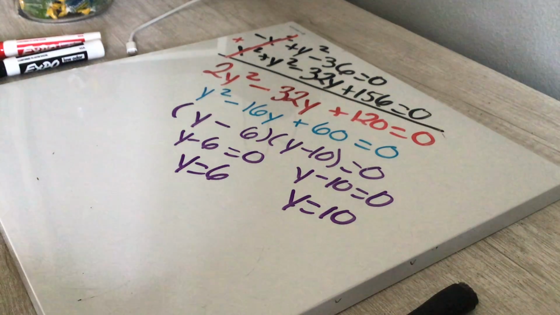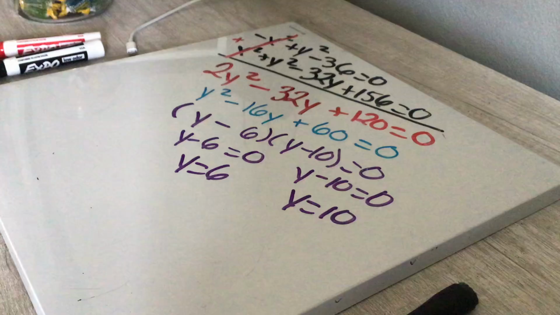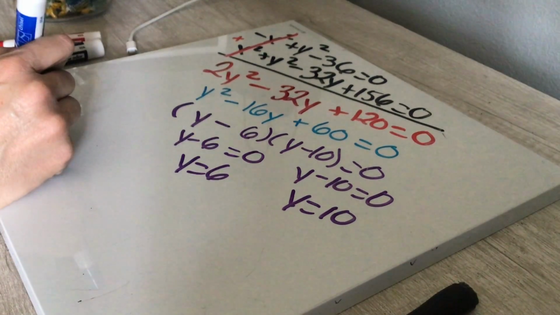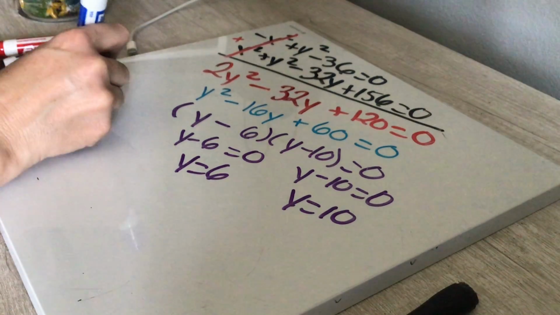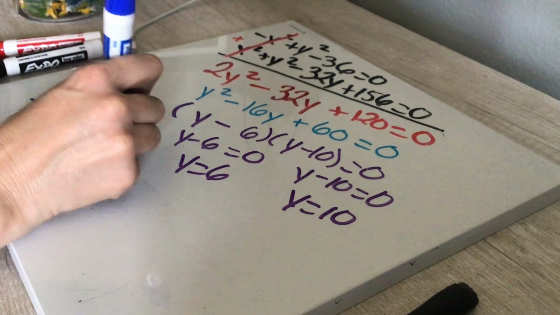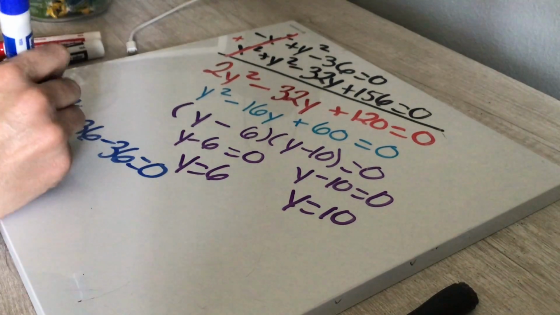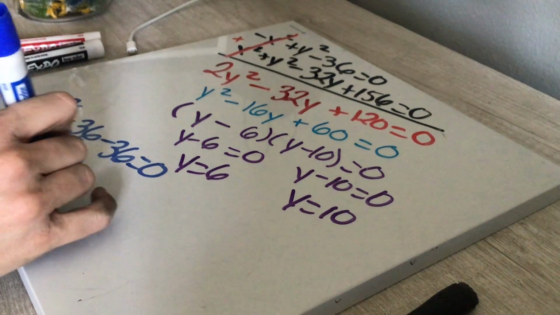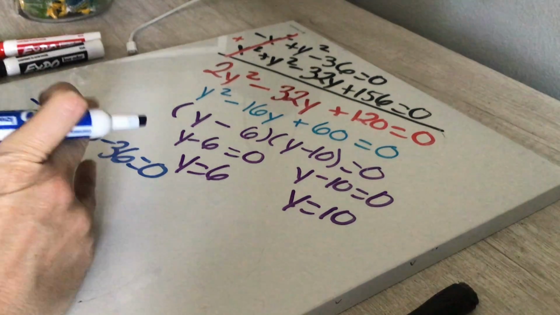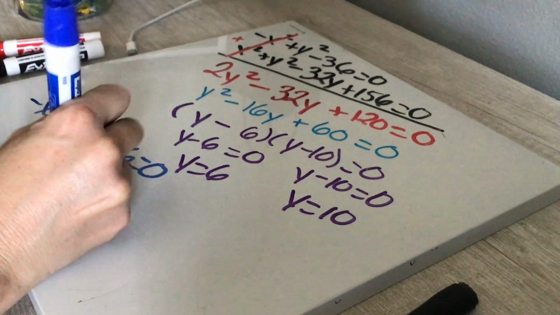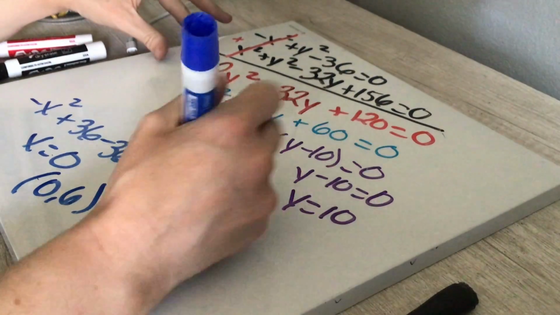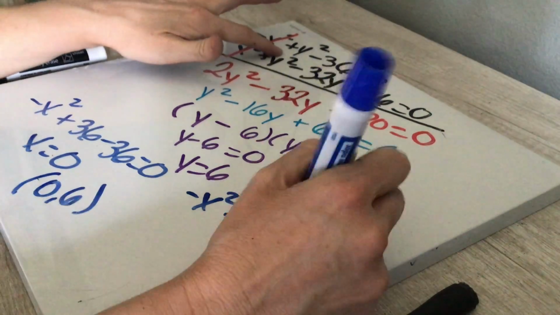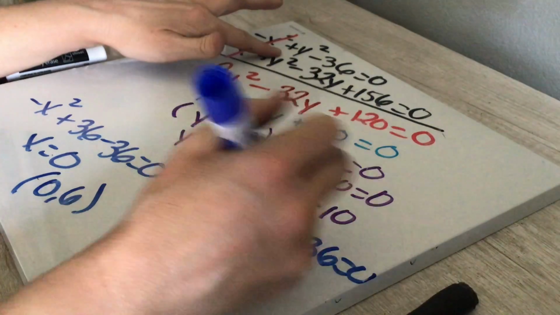Then you have to find the corresponding x values, okay? So when y equals 6, we get negative x squared plus 36 minus 36 equals 0. So I get x equals 0. So the first point of intersection is 0, 6. And then when y is 10, I get negative x squared plus 100, because that's y squared, minus 36 equals 0.